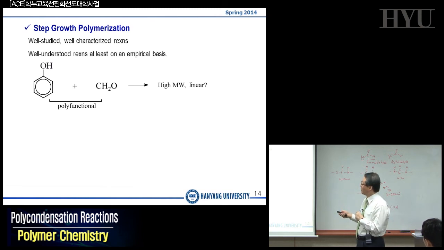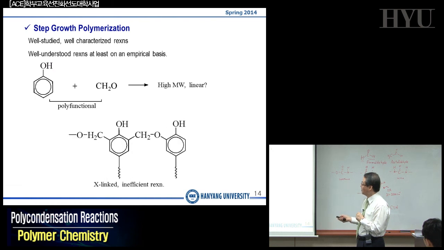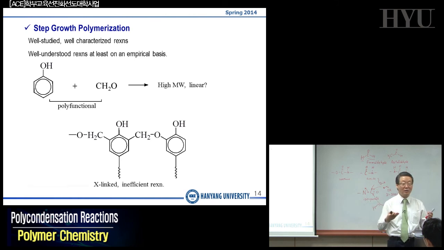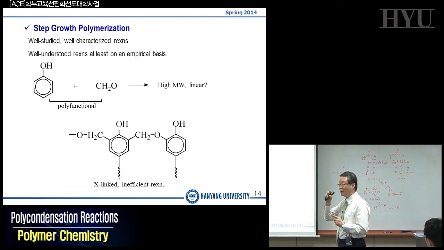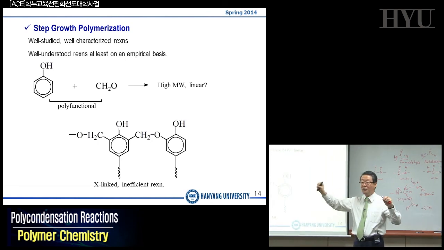Formaldehyde can attack these 3 sites, and it becomes a polymer, something like this. So it will be a cross-linked polymer rather than a linear polymer. If you have bifunctional, or functionality of 2, you can form linear polymers.